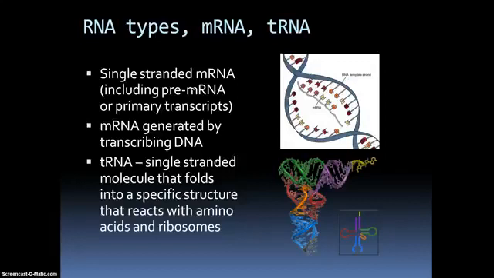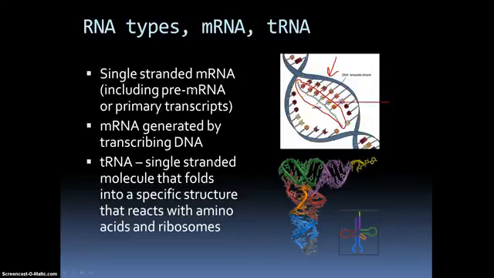Messenger RNA is RNA that's generated when DNA is transcribed. You can see this over here. Here you got a DNA strand. Over here to the right, you got a DNA strand. And right here, a strand of RNA is being built. And it's being built by complementary base pairing to the DNA strand.